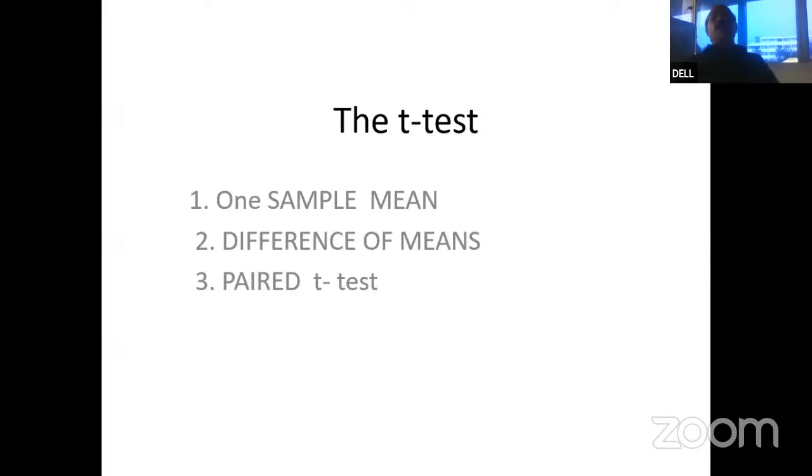For the t-test, W.S. Gossett defined the t-test. He made use of it only for tests related to means. Based on that, there are the one sample mean test, the difference of means test, and the paired test.